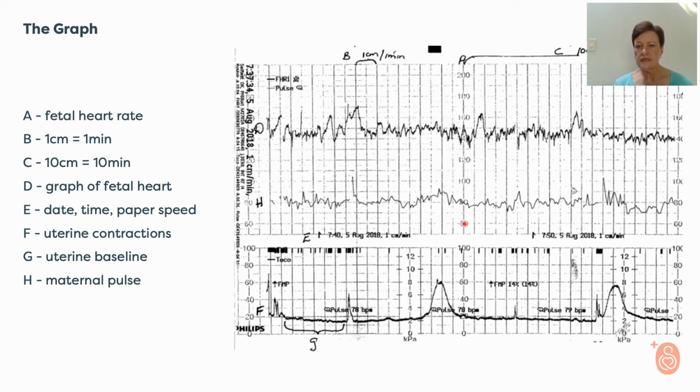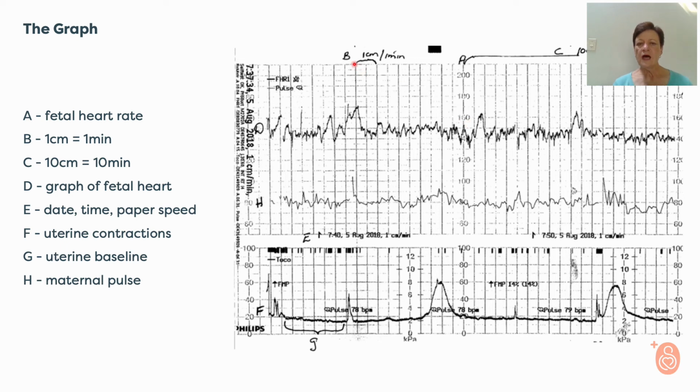So here we can see it comes from about 60 beats per minute and it goes up to 200 beats per minute, and this tells us what the fetal heart rate is. So if we look at this fetal heart rate, here more or less is 140 beats per minute, so it tells us that this fetal heart is more or less 140 beats per minute.